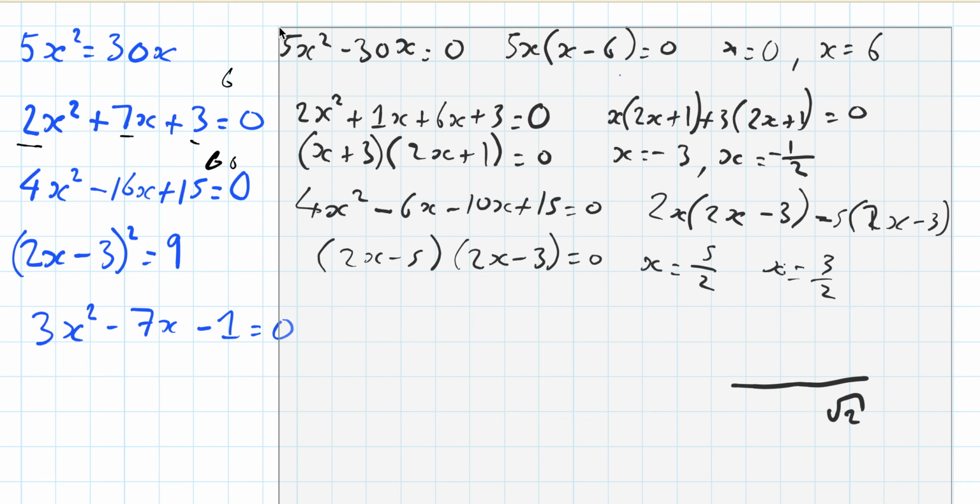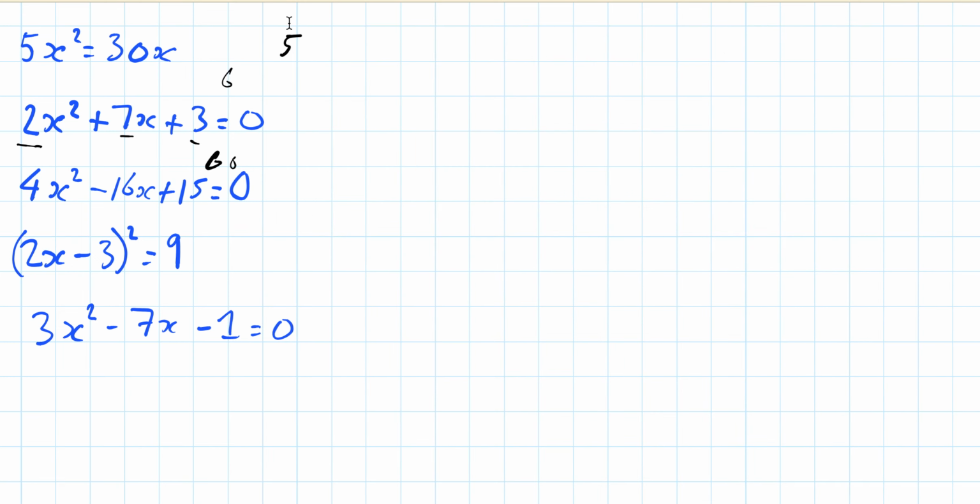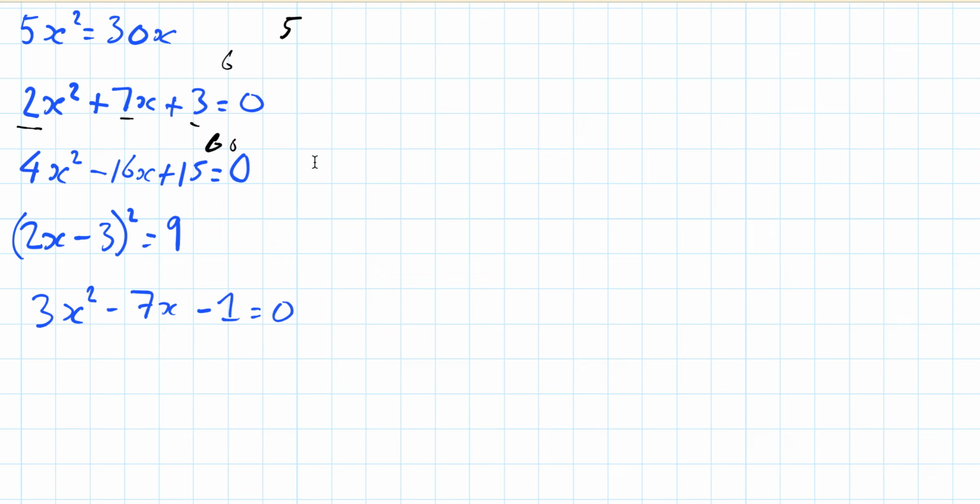So let me just get rid of all of this. Alright, so for the next two questions, over here, we have to expand the brackets and then rearrange it into our quadratic form. So I'm just going to expand the brackets.